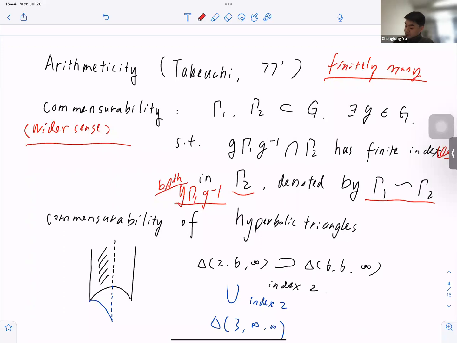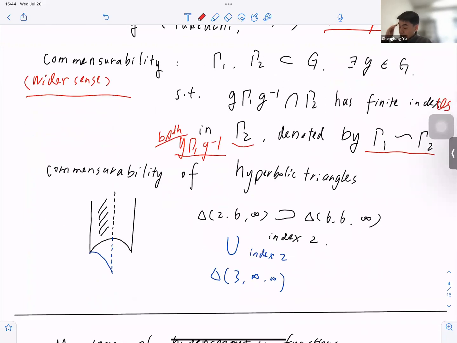So for example, we can look at the modular group, the triangle group Delta(2, 3, infinity). It has this fundamental domain here. And we can use one reflection to form a larger triangle. This triangle will have infinity as one vertex, and the other 2 vertices will have angles pi over 6 and pi over 6.